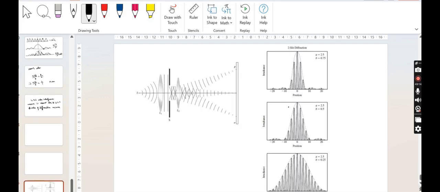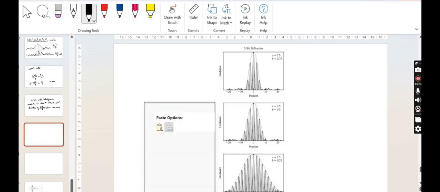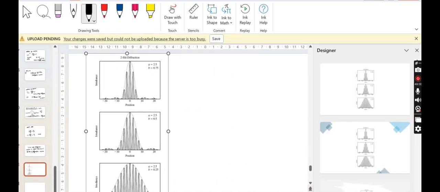So this is a two-slit diffraction pattern. When a is equal to 2.5 and b is equal to 0.75, you see that there is a missing order, the third. Okay. So when a is the same and b is being reduced, you can see that the central lobe becomes more and more wide.